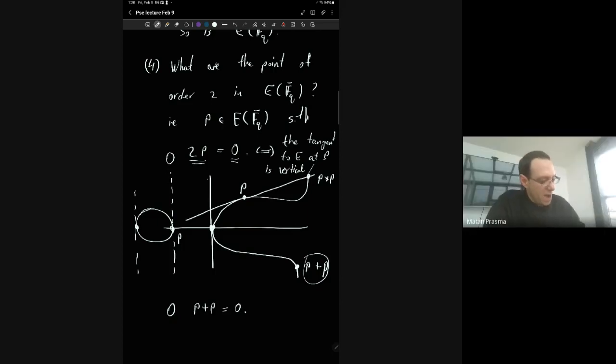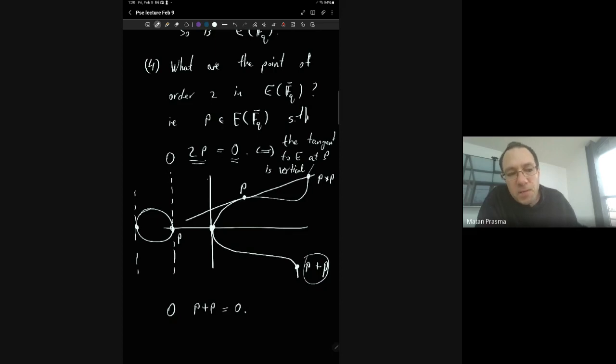This is the kind of baby case. I want to understand all the points of order 2. So I claim that points of order 2 have a vertical tangent line. They must have, because when you do P plus P, you take the tangent line and you look for the intersection of the tangent line with the curve. If it intersects in an actual point on the curve, not the point at infinity, in a finite point, then P plus P will never be 0.